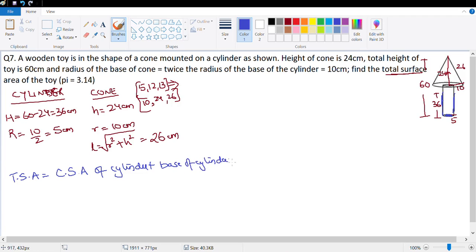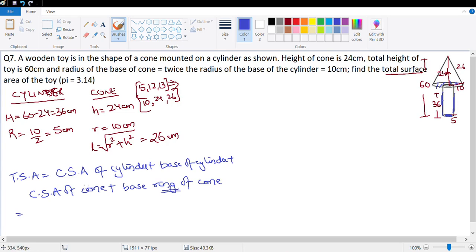The top of the cylinder is being covered in the cone, so let's get onto the cone. Next will be the curved surface area of cone plus this area which is the outside ring, which means plus base ring of cone. So there is a base ring being formed. Let's write the formula and let's see what do we get.